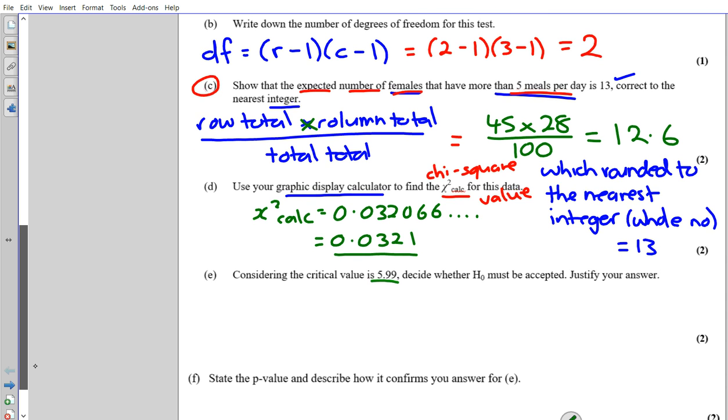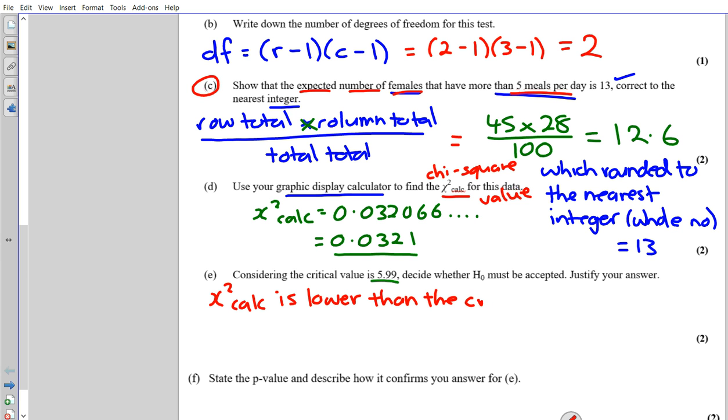Is your calculated value bigger than the critical value? No, it's less. So you might want to say x squared calc is lower than the critical value of 5.99.